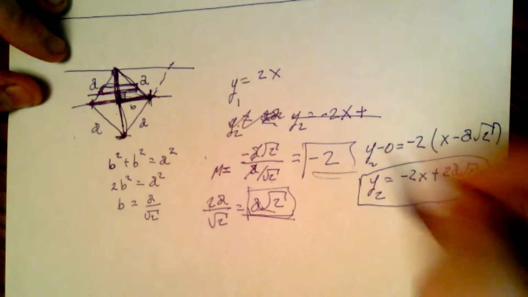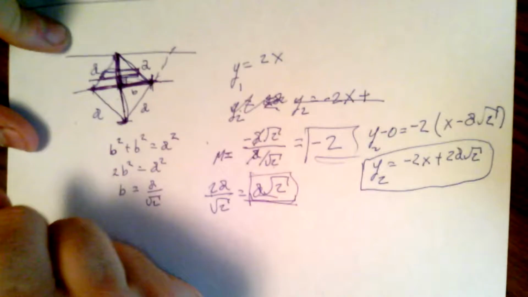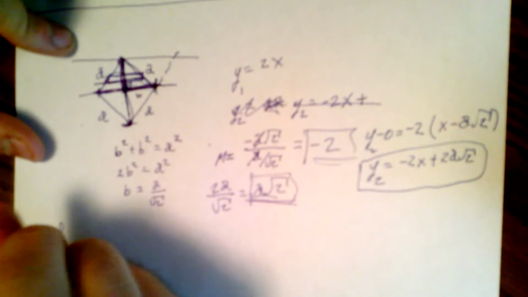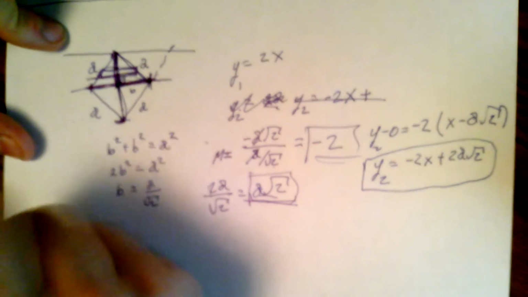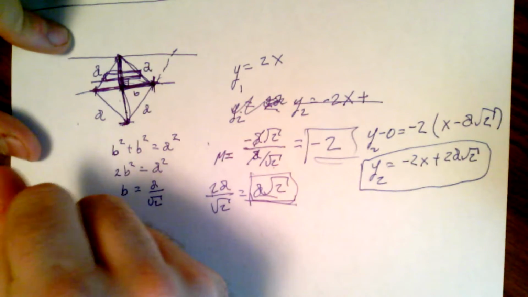Okay. So we're going to need two integrals. The integral from x is 0 to x is a over the square root of 2.